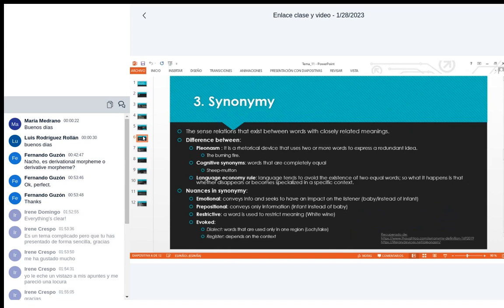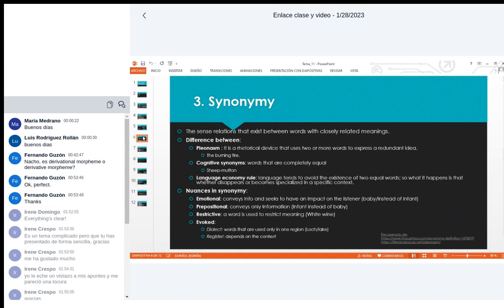Now, what is a pleonasm? A pleonasm is a poetic rhetorical device that allows us to express a redundant idea. This, for example, is the white snow or snow white. Snow white, for example, is a pleonasm. We already know that the snow is white, or the burning fire. The burning fire is already burning.